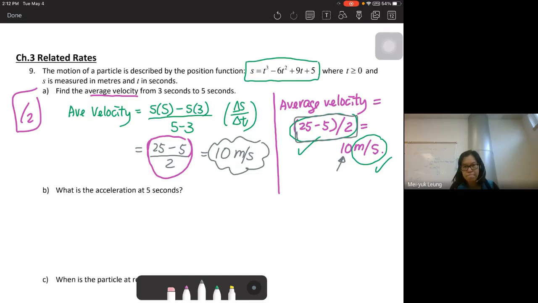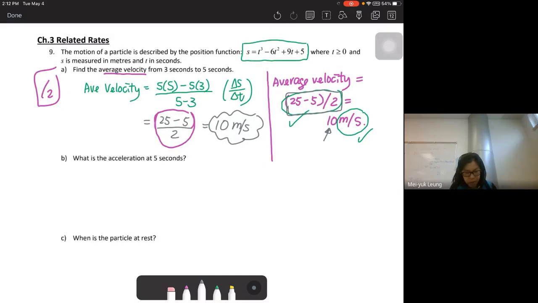That makes sense? Okay. Now, let's go back to this part B. What is the acceleration at 5 seconds? So we know that the acceleration is the second derivative of the position function. So right away, you write down the velocity function would be 3t squared plus 12t plus 9.